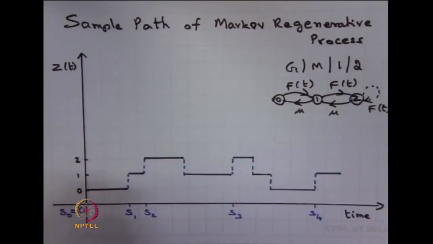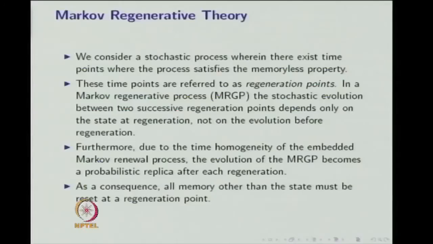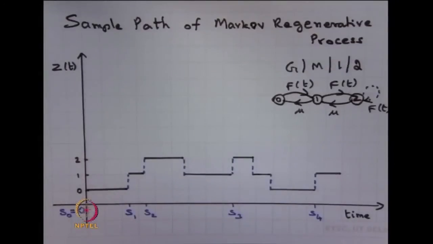Therefore, going back to the definition, the stochastic process where there exist time points where the process satisfies the memoryless property, the time points are referred to as regeneration time points. So, here S1, S2, S3, S4 are the regeneration time points.